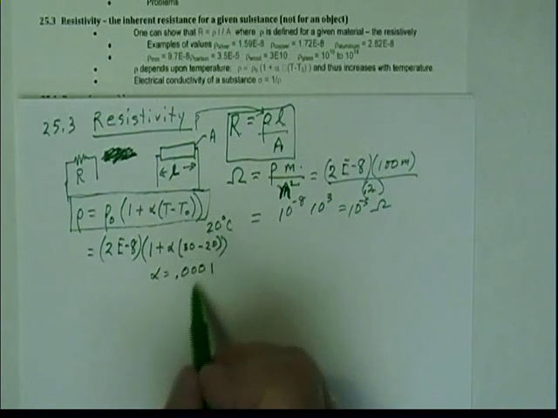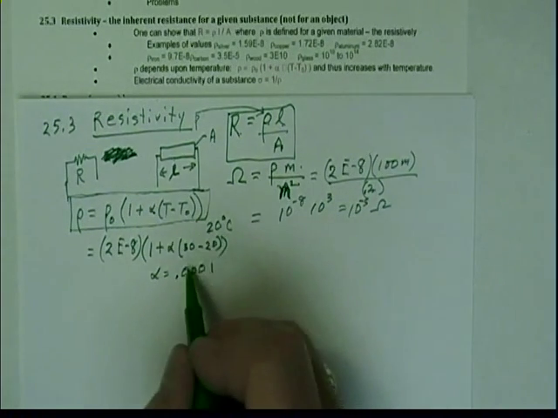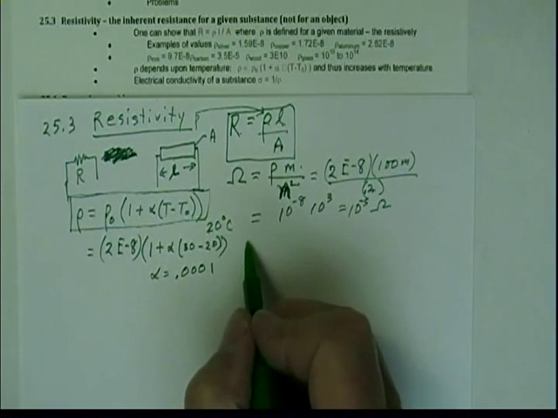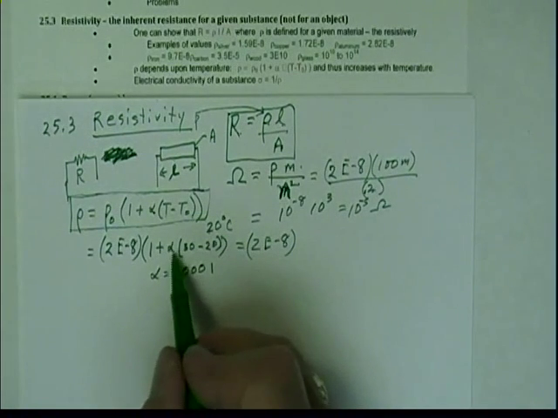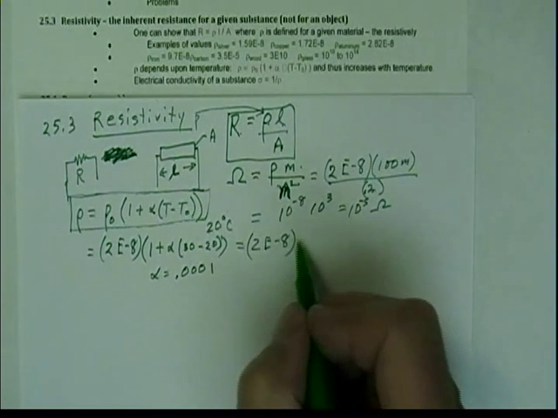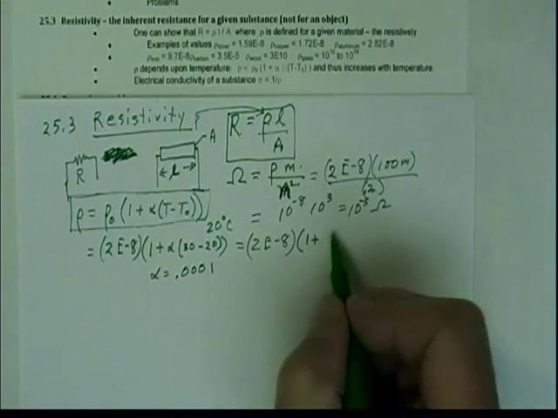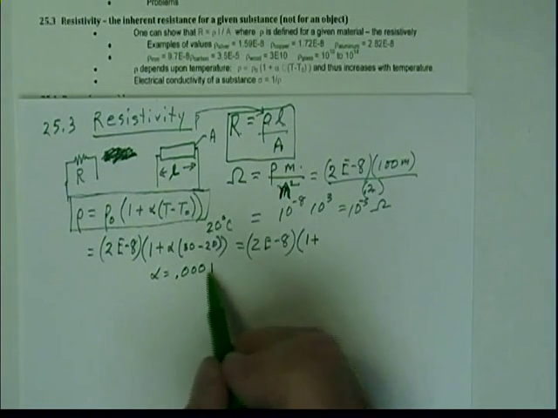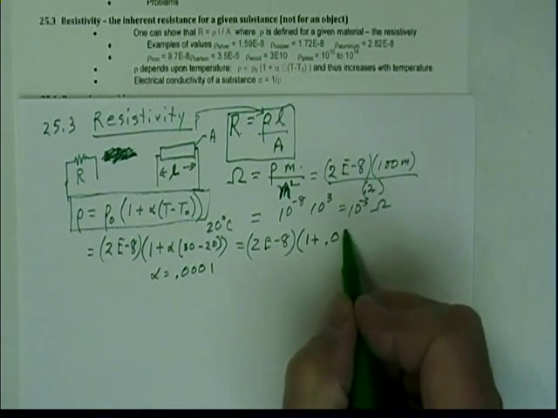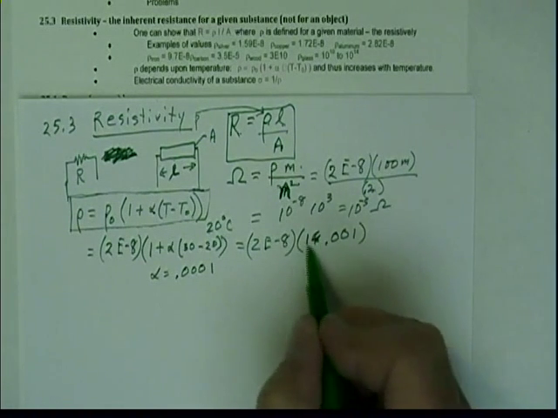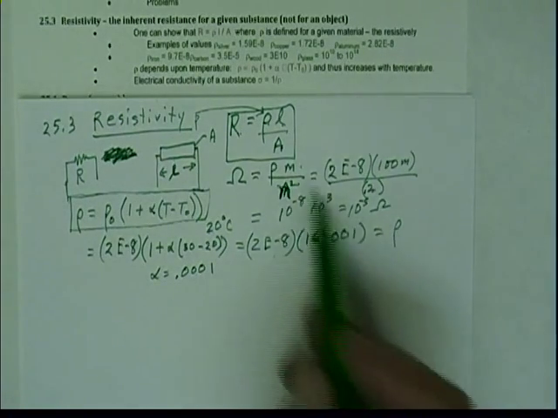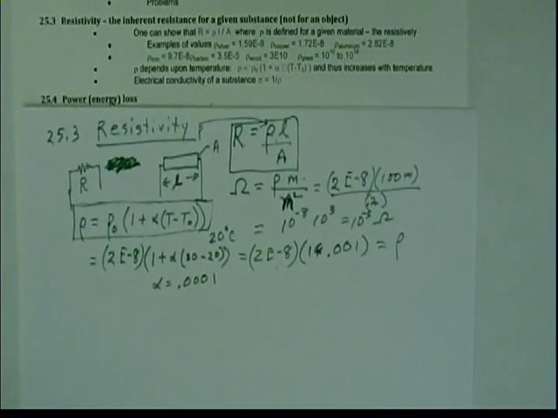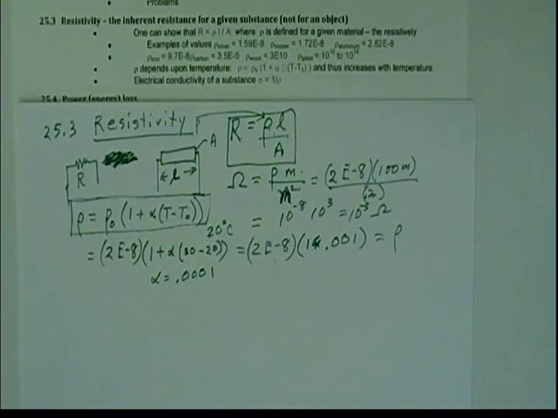Then I would have a 10 that would multiply this, and this would give me a result of 2e to the minus 8 multiplied by, I've chosen an alpha that's pretty large there, 1 plus 10 times 0.0001, which is 0.001. So that's a 1.001 times this, and that would give us our resistivity. Using that resistivity, you can plug it in this formula and then do other types of computations.